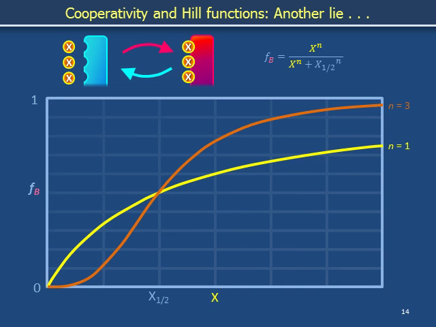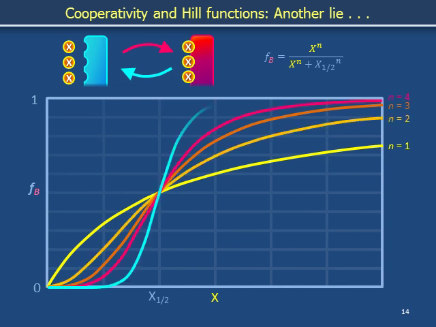As the degree of cooperativity n increases, the function takes on an increasingly step-like appearance. The concentration x sub half increasingly takes on the role of a threshold concentration, below which copies of enzyme are generally free, and above which copies of enzyme are generally bound.